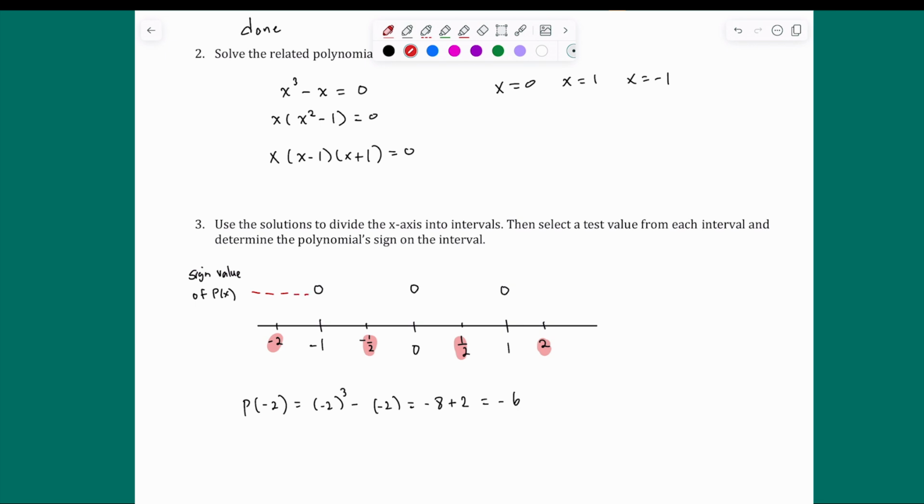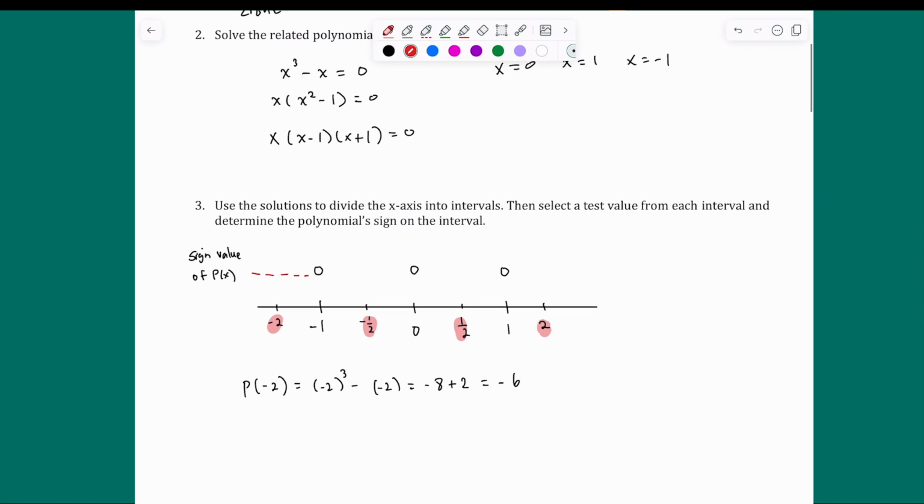And now we want to see what happens between negative 1 and 0. In fact, we could think based on the multiplicity that at negative 1 the graph of the polynomial would have to cross through that, so it's probably going to be positive because it has multiplicity 1 and it has to cross the x-axis there.